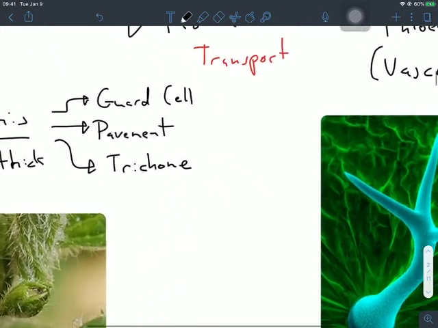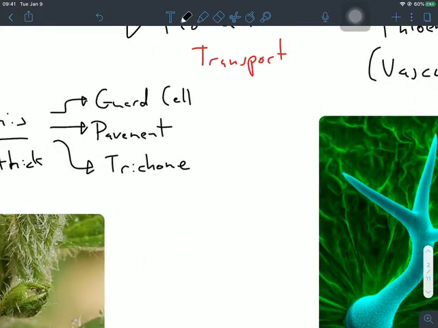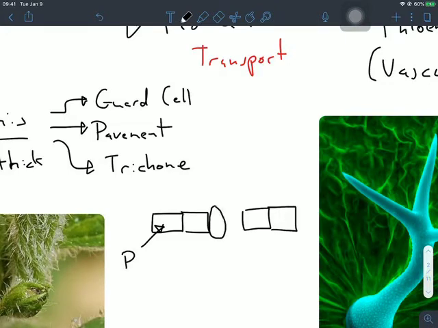And so in the past, when we've drawn the underside of a plant leaf, or looked at it in much more sophisticated images in the textbook, these cells were our pavement cells, and our guard cells were the 2 cells on each side of the stomata.